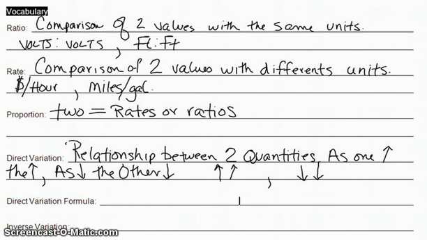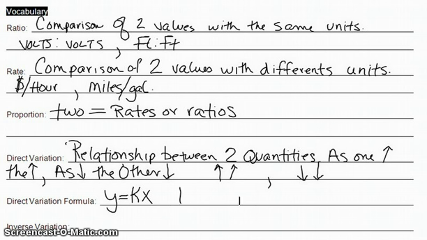And we have a formula for that, and we can figure out generalized equations for the situations, and that is one value is dependent on k times the other value.